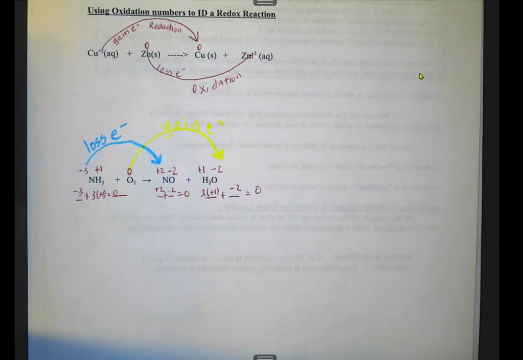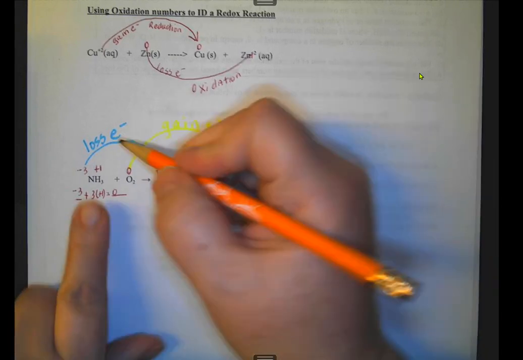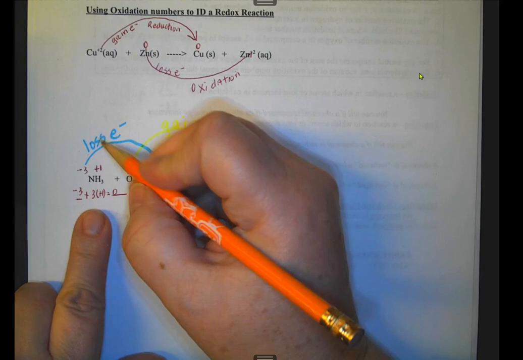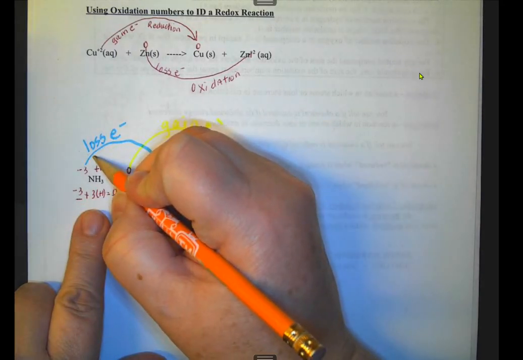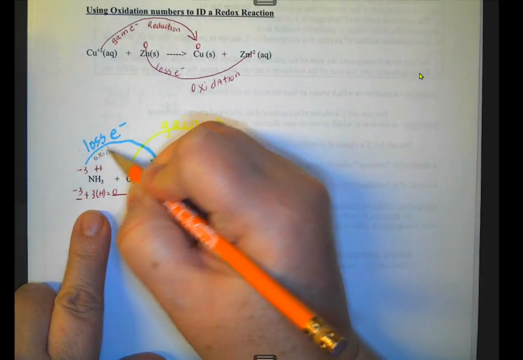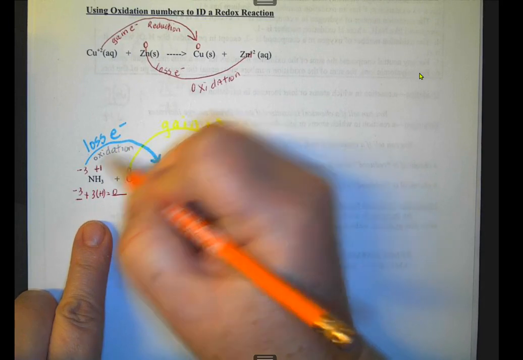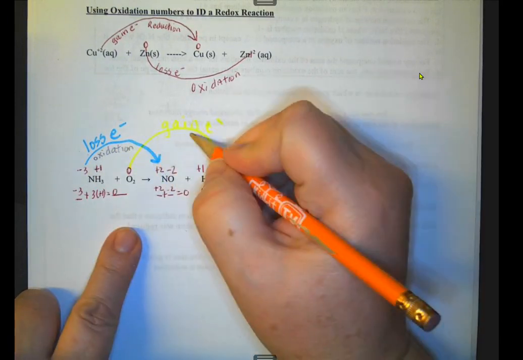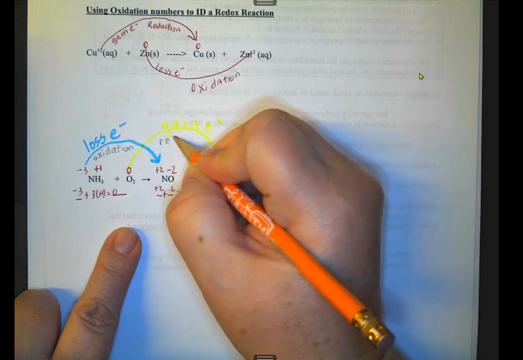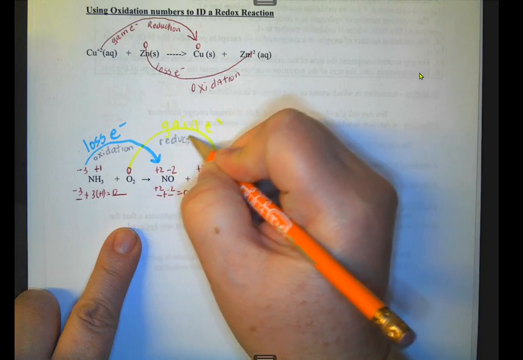Since I have oxidation numbers changing, with something losing valence electrons and something gaining valence electrons, I know that oxidation reduction has occurred in this reaction. Since I lost electrons here, loss of electrons is always associated with oxidation. So that part underwent oxidation. Gain of electrons always goes along with reduction.